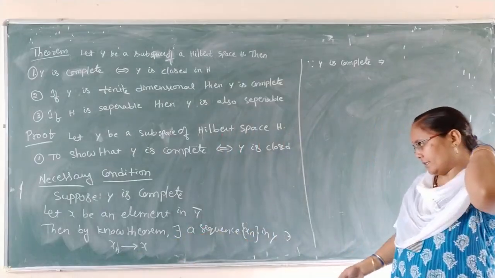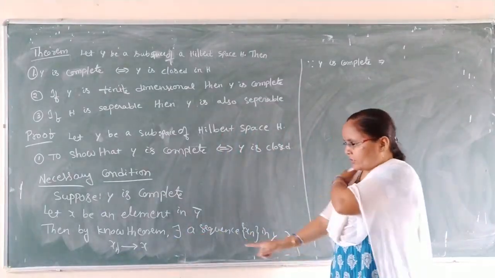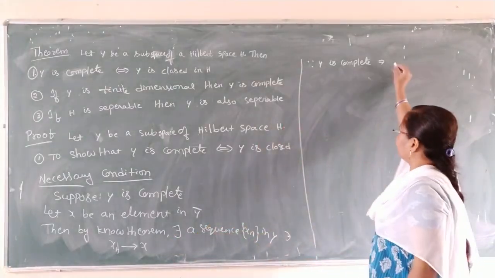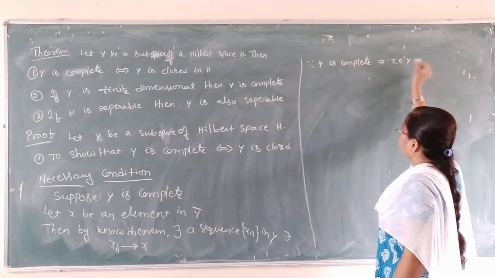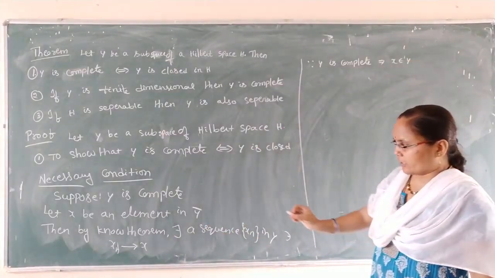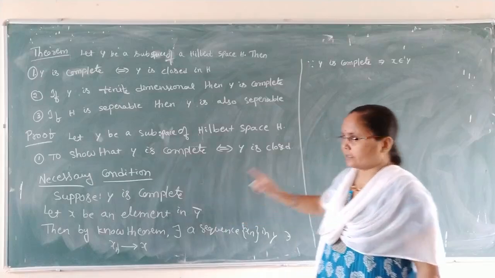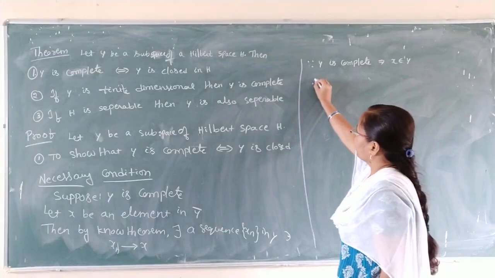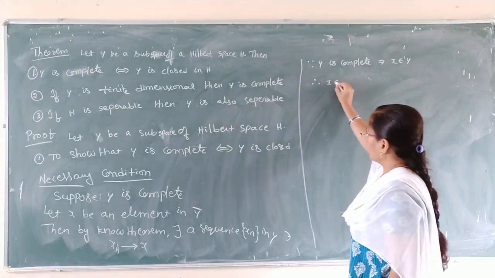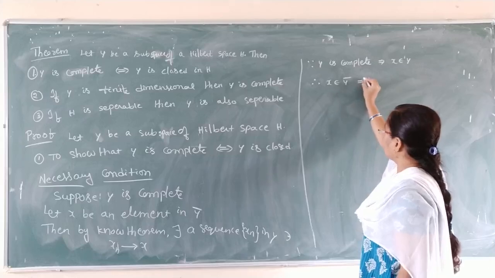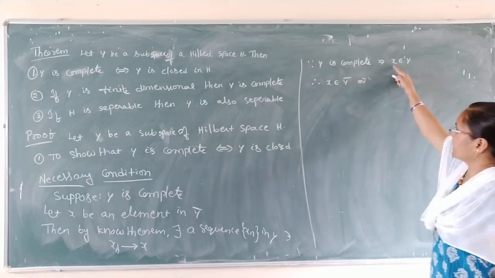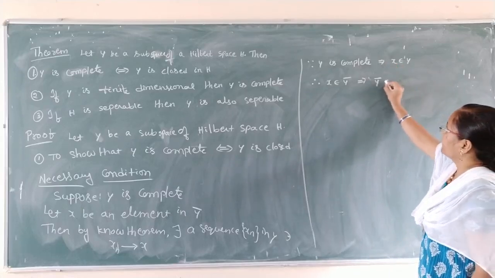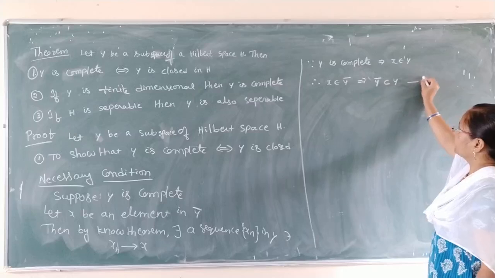The sequence is in y, so the limit point also belongs to y, so x belongs to y. In the starting, x is in y bar, and now we got x is in y. Therefore x belongs to y bar implies x is in y, so y bar is a subset of y.